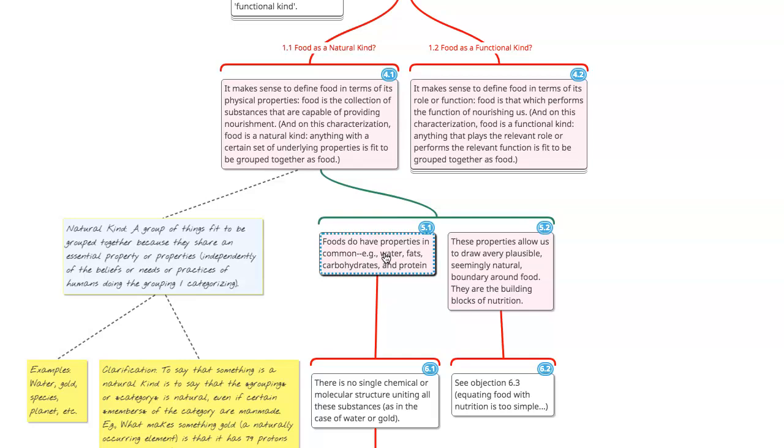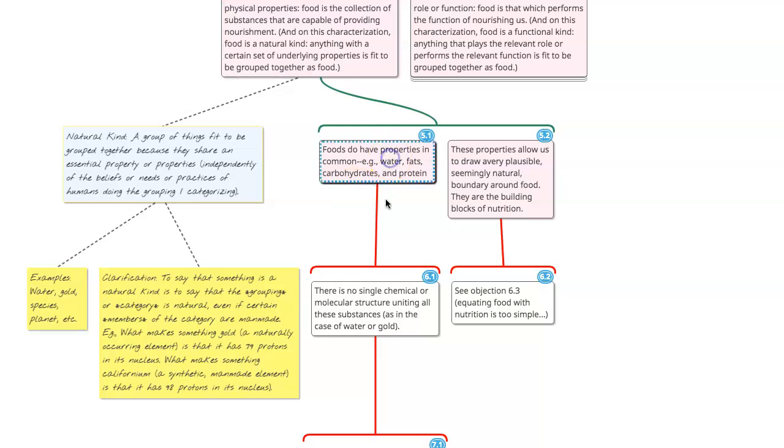Foods have water, fats, carbohydrates, and proteins, and it's in virtue of these properties that they provide nutrition. So they do have things in common, and these properties allow us to draw a plausible, seemingly natural boundary around food. They're the building blocks of nutrition. So if you accept these two things, then it makes sense to treat food as a natural category, to define food in terms of physical properties.